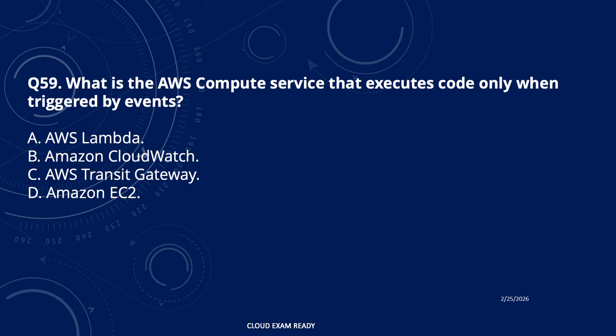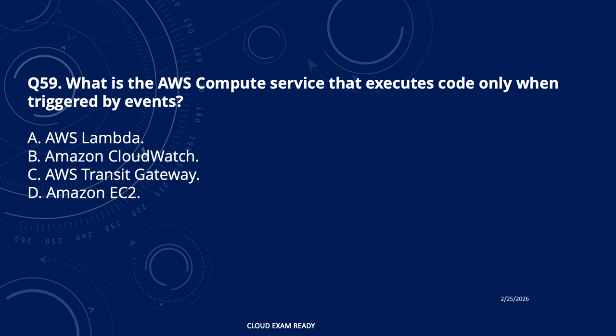Next, question number 59. What is the AWS compute service that executes code only when triggered by events? So it is asking for the compute service, so first we need to find out the compute service in the options. Option A, AWS Lambda, option B, Amazon CloudWatch, option C, AWS Transit Gateway, and option D, Amazon EC2.